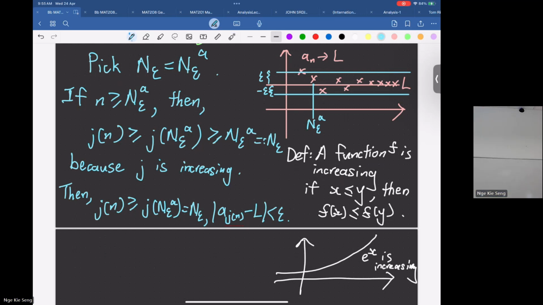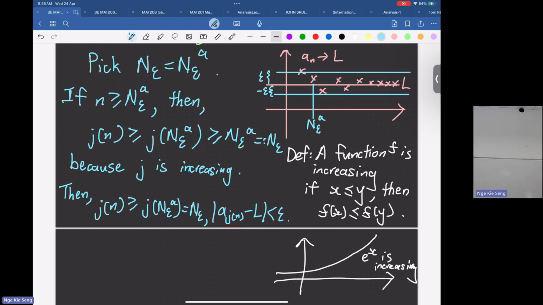Maybe one question you can ask here is why this part is not n, but Jn?